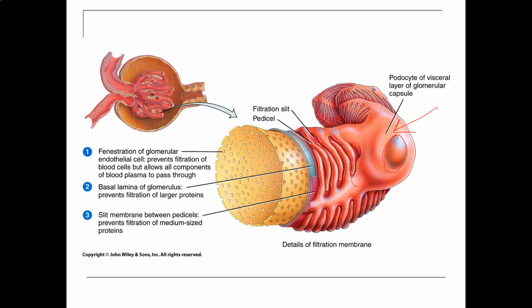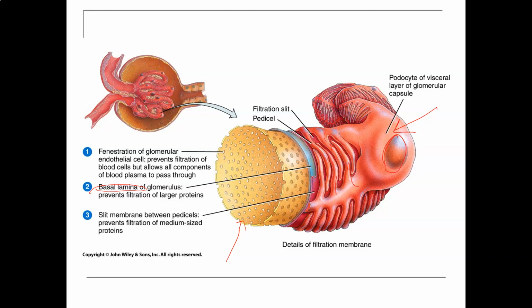And you see it's got these feet that interdigitate with the other podocytes. And then here in yellow is the glomerular capillary, the glomerular endothelial cells. And then in between the two, as you always see with epithelial tissue, would be a basal lamina, or we can just call it the basement membrane, which is acellular.